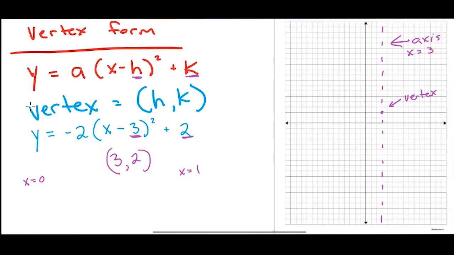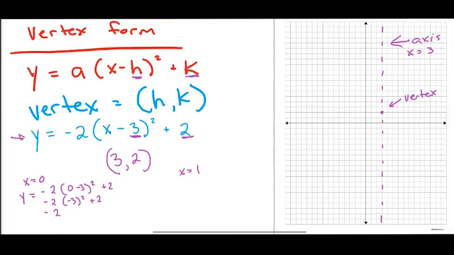And I'm going to plug that into the original function, which is y equals -2 times x minus 3 squared plus 2. So y equals -2 times 0 minus 3 squared plus 2. Well, that's -2 times -3 squared plus 2.